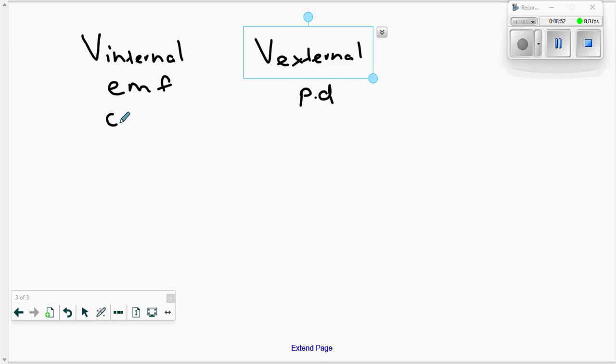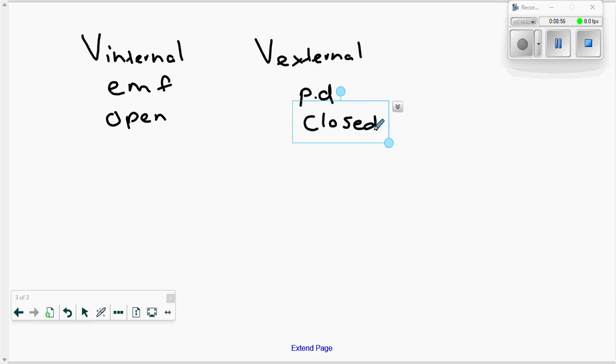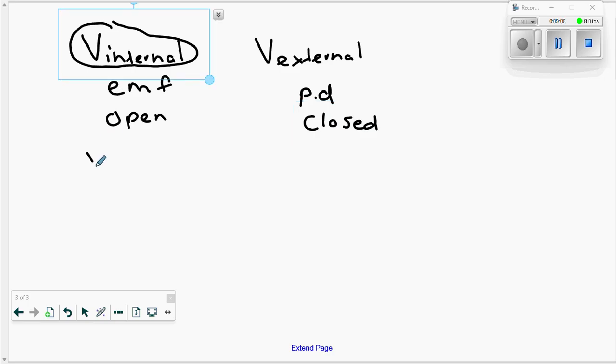This is when the circuit is open, and this is when the circuit is closed. So there's a big difference between potential difference and EMF, and then we label it slightly different as well. Another word for V internal, sometimes we can say V lost, because it is the voltage that is lost to the resistor to be able to do that work. So it's also the lost volts or the internal voltage.